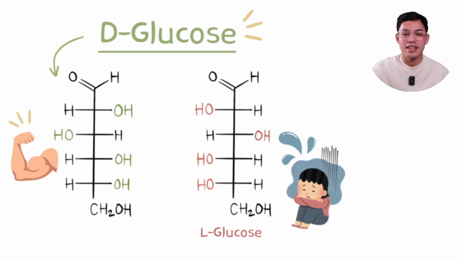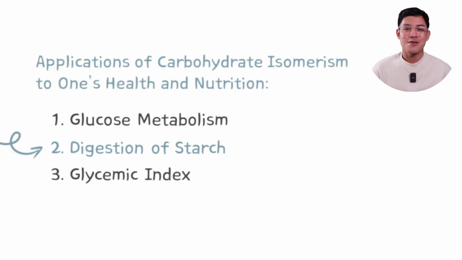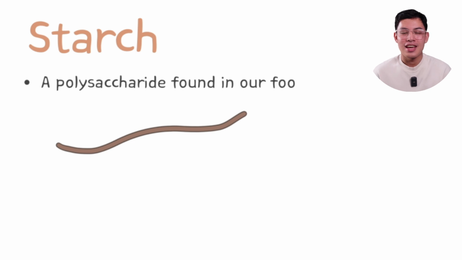Let's take a look at the next example, which is the digestion of starch. Now, the digestion of starch is another great example of how isomerism is crucial to our health and nutrition. We know that starch is a common polysaccharide found in our food, and so we must pay close attention to how our body digests it.